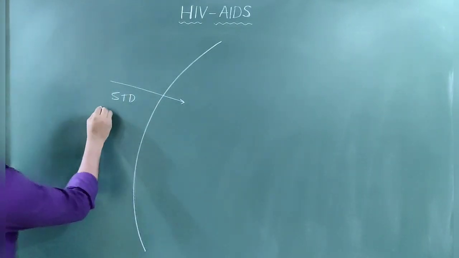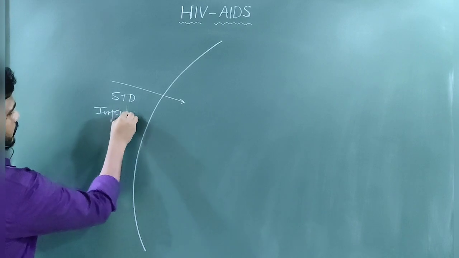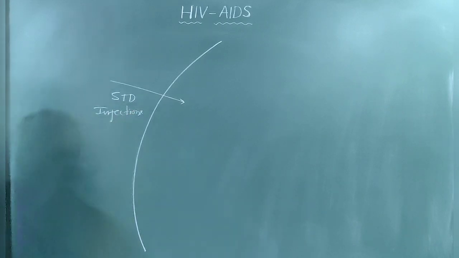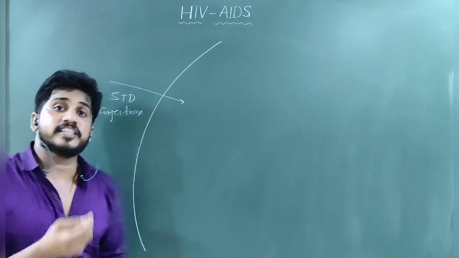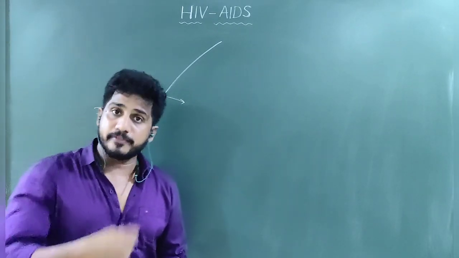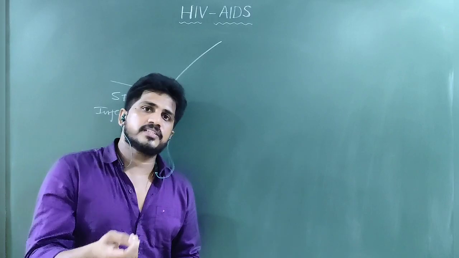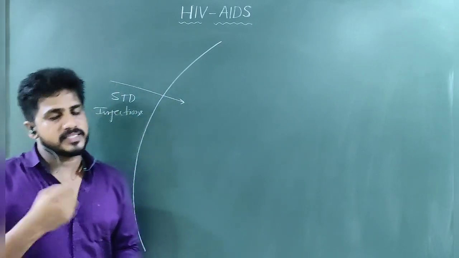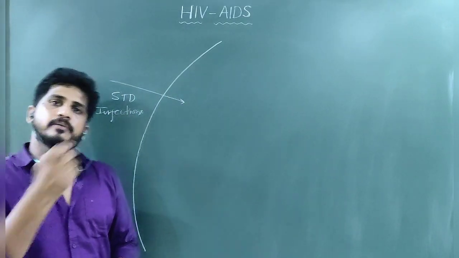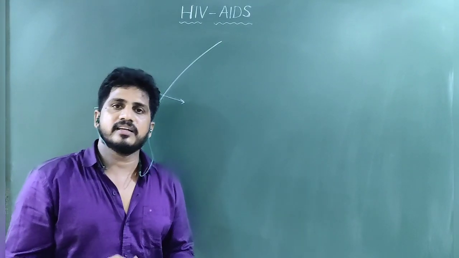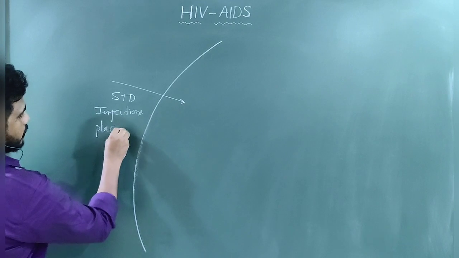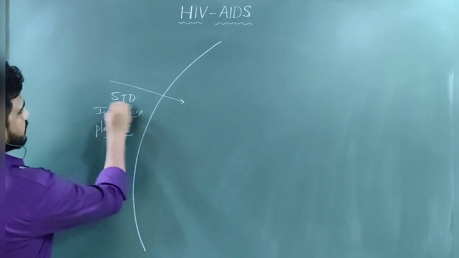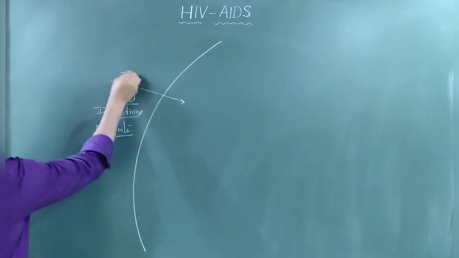Also by injections: persons who are addicted to drugs share injections from person to person in a friend circle. So if one person is a victim of HIV and the same needle is used without change, then HIV transmits. Also through the placenta from mother to child. These are the ways where infection generally takes place.